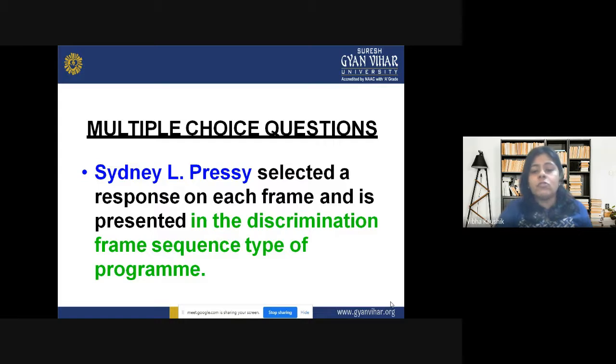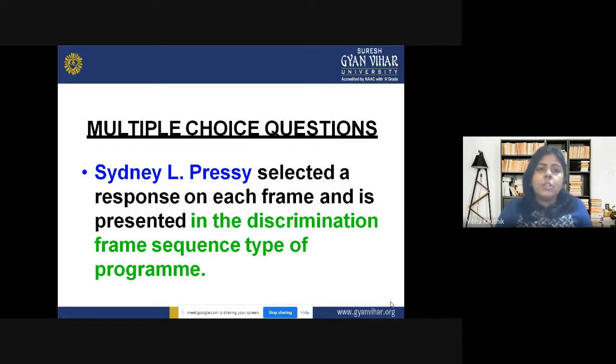Multiple choice questions means in linear programming, when a programmer decides to construct or develop a lesson plan or a program on the basis of linear programming, then he can give multiple choice questions. Sidney Pressey selected a response on each frame.